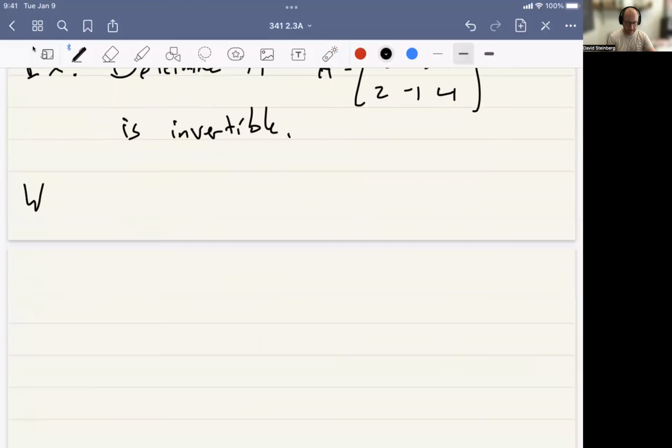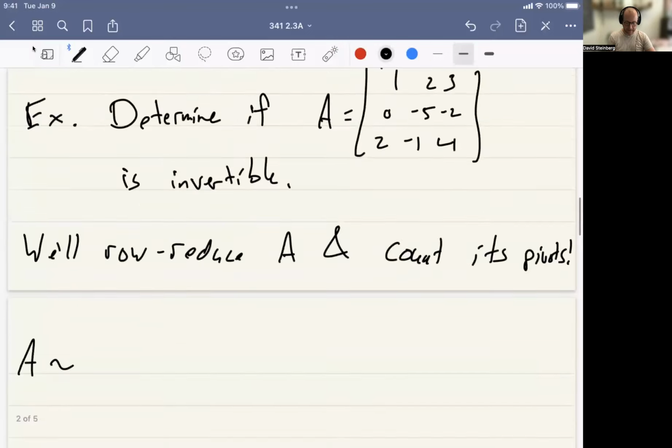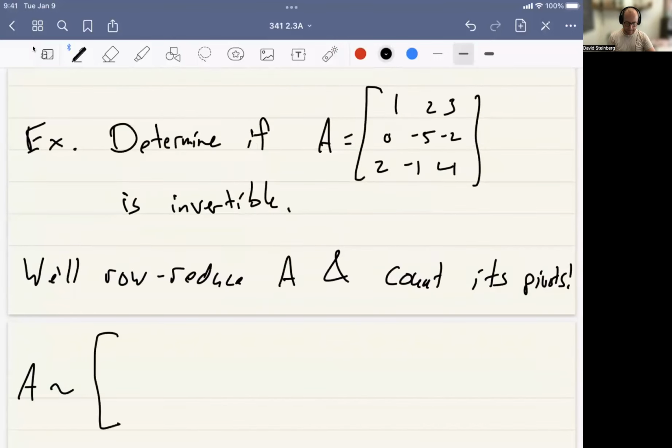So we'll row reduce and count the pivots. Okay, so then A is equivalent to what?